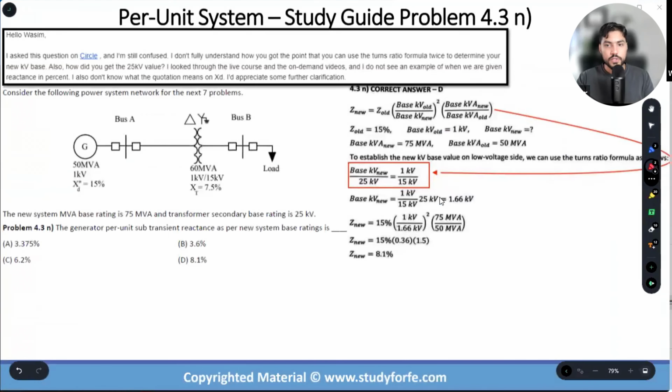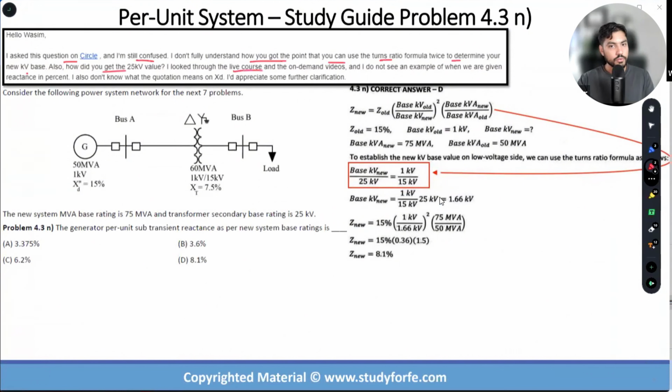One more question. I think, Jose, this was your question. I think it was a good question, so that's why I've decided to include this. Hello, Wasim. I asked this question on Circle, and I think the response on Circle was also pretty detailed. You're still confused. I don't fully understand how you got the point that you can use the turns ratio formula twice to determine your new kV. Also, how did you get the 25 kV value?